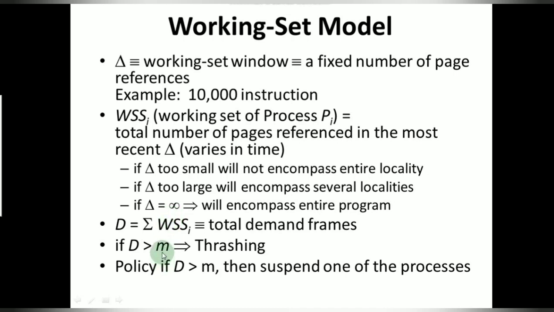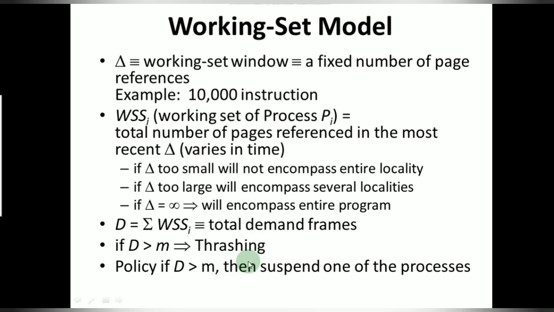If I consider M to be the number of frames available in memory, and the demand is greater than the number of frames available, definitely it is going to thrash. So it is always better to suspend that particular process.